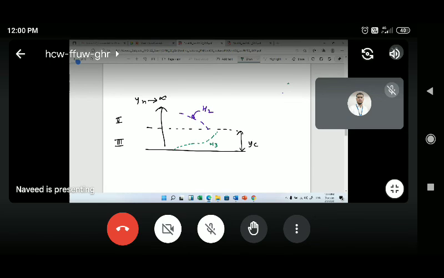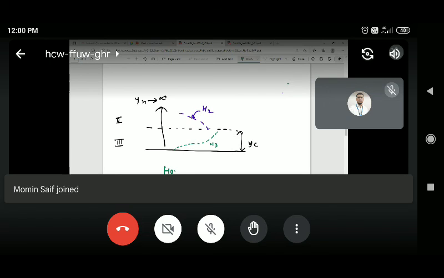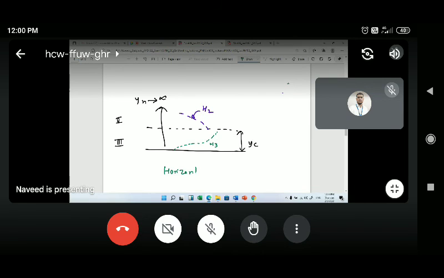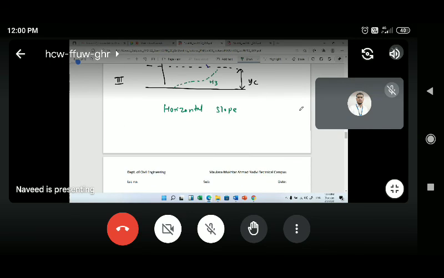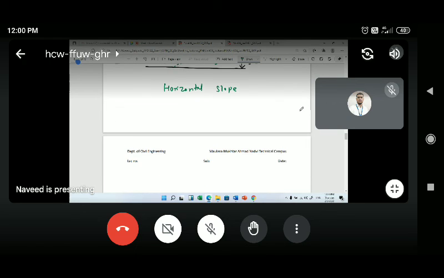Okay, it is for the horizontal slope. Horizontal slope means there is no inclination. So here yn is infinity.